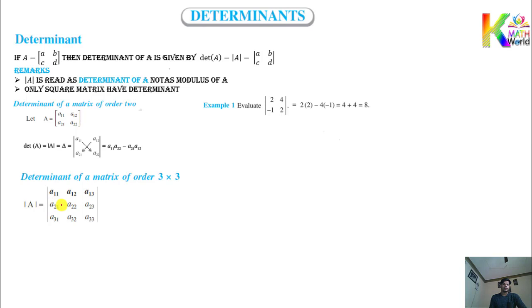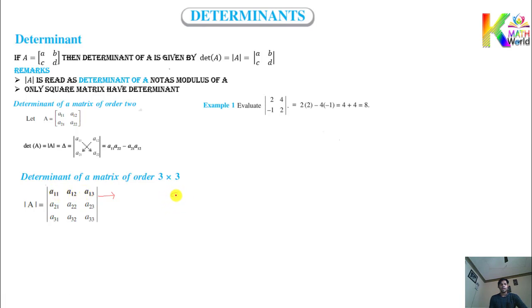Okay, so now how do we calculate? For that, you can expand the determinant with respect to any row or any column. It depends on you. So firstly, you have to choose any row or any column. Right now we will consider the first row. Firstly, what are the elements of the first row? Decide the sign of each element.